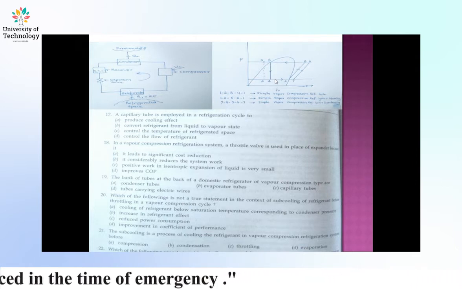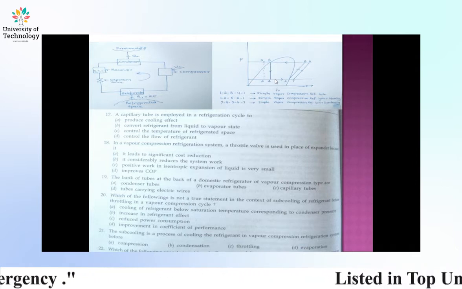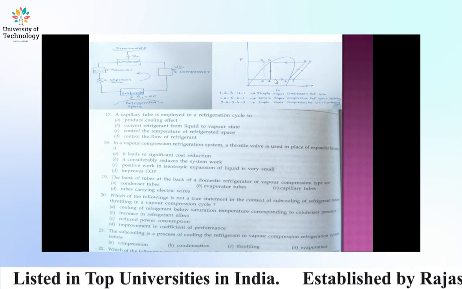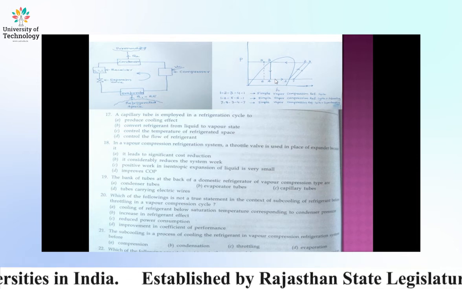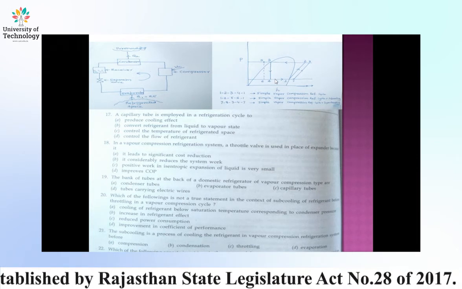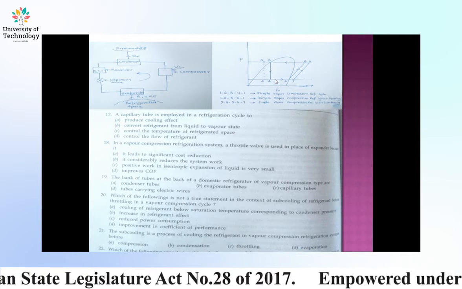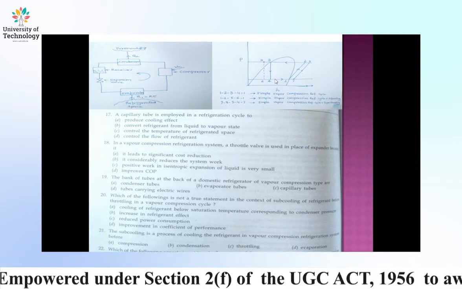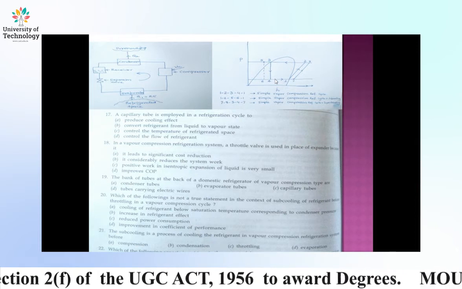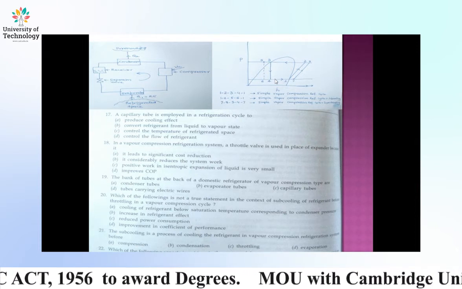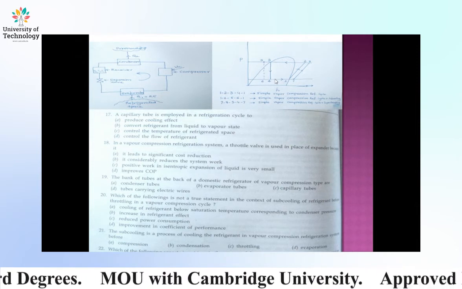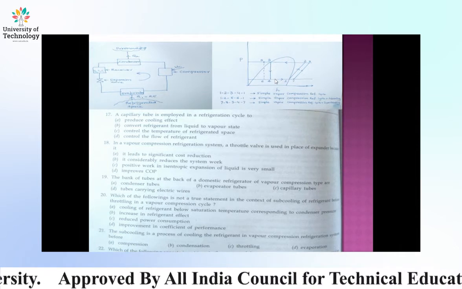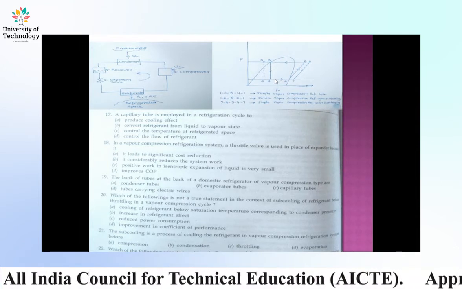Options: it leads to significant cost reduction, not correct. It considerably reduces the system work, it is also not correct. Positive work in isentropic expansion of liquid is very small. The work produced by the expansion device, positive work produced, is very small. So option C is correct.